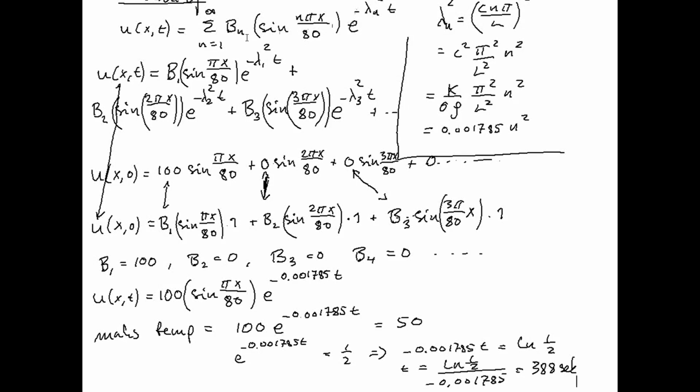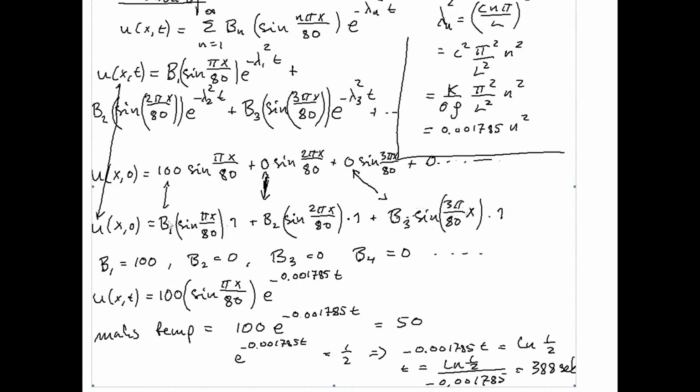We start with b1, with n equal to 1 here, and we have sine pi x over 80. Multiply this with 1 in each case, plus b2 sine 2 pi x over 80, and in this case n is equal to 2, so therefore we replace n by 2, and in the third term we replace n with 3, and so on.